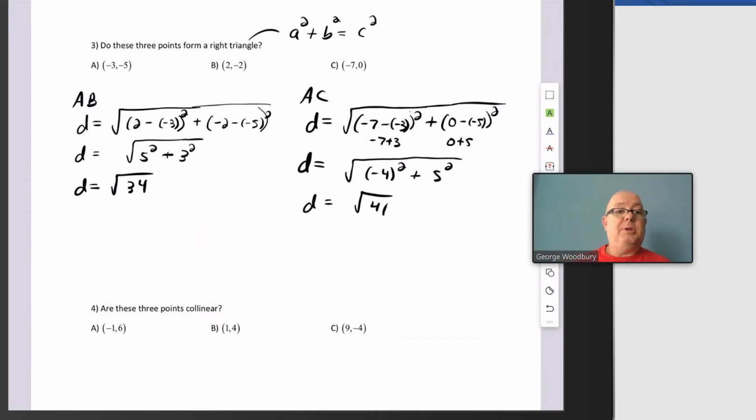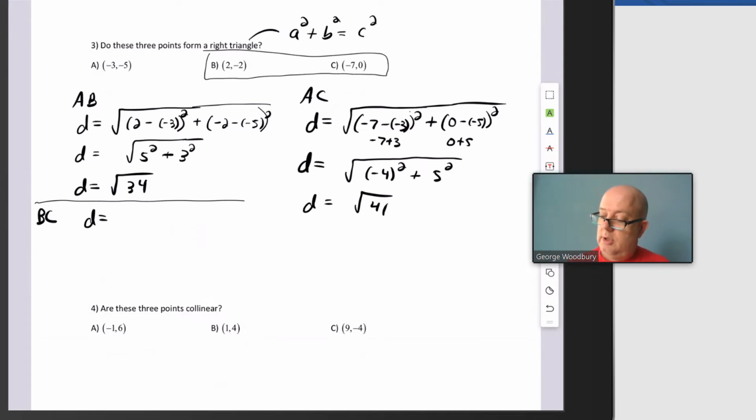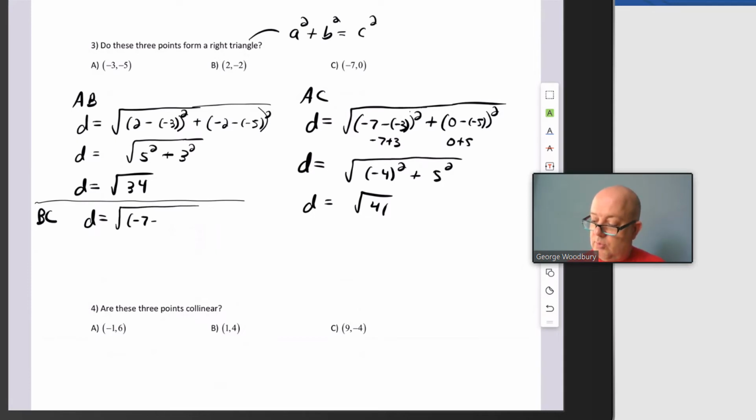One to go, and that's BC. So I'm going to put that one down here. Now we're working with these two points, 2, -2, and -7, 0. Square root of x2, which is -7, minus x1, which is 2, squared, plus 0 minus -2 squared. -7 minus 2 is -9.